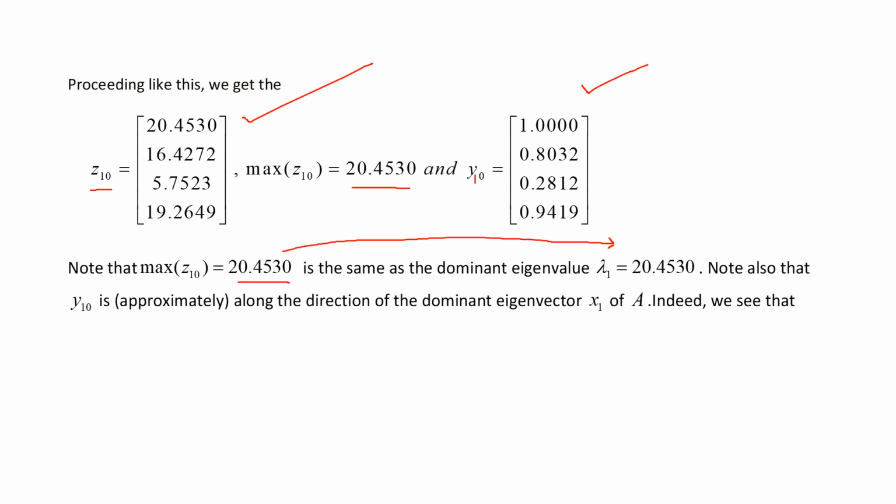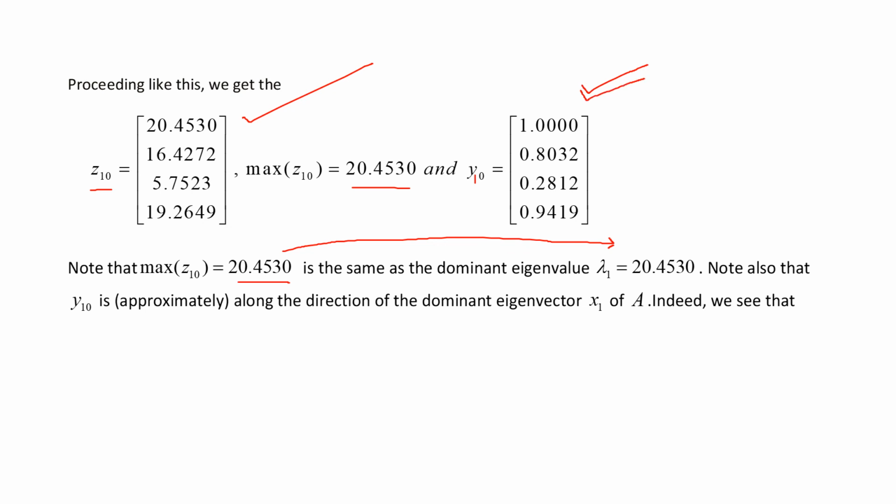So the power method is implemented to find the approximation of the dominant eigenvalue. We have found at the 10th iteration 20.453, and y10 is approximately along the direction of the dominant eigenvector x1, which is given here.